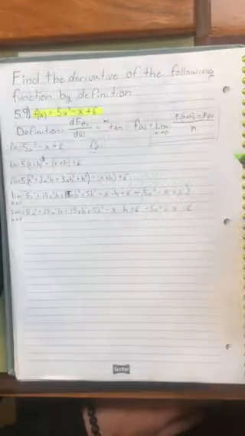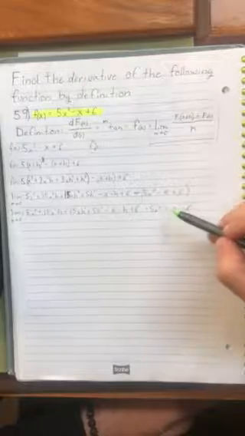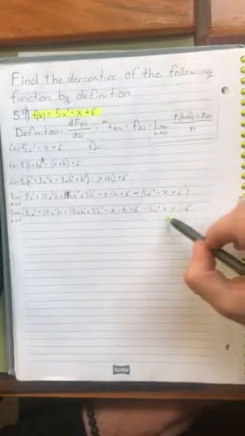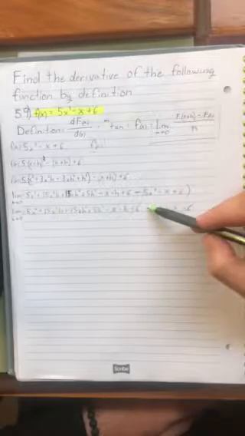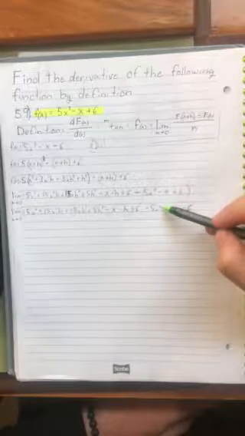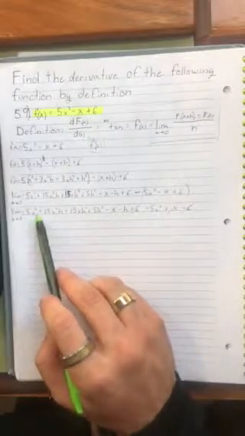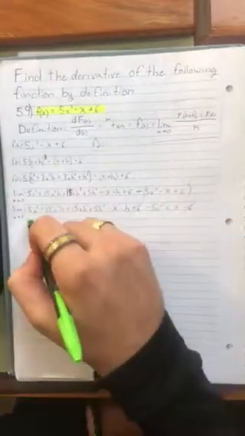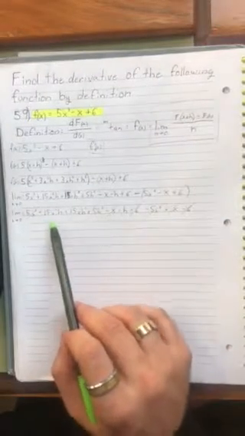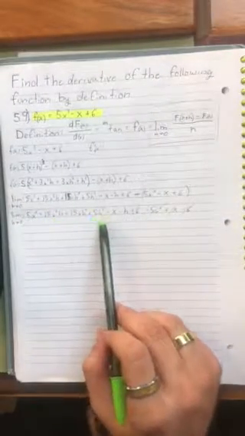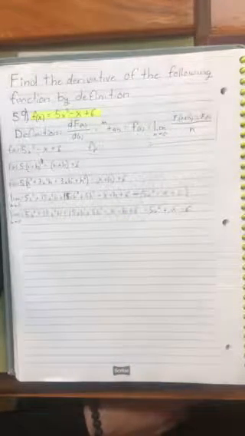They cross out. We have a plus x here and a minus x here. Crossed. We have a minus 5x cubed and a plus 5x cubed, crossed. So we are left with this and a minus h over here on top.